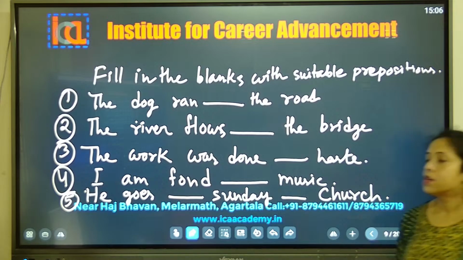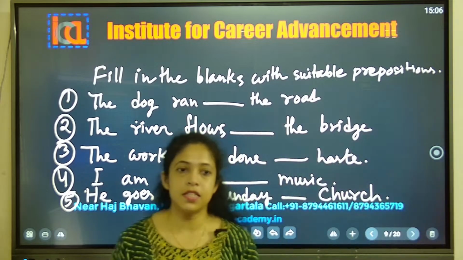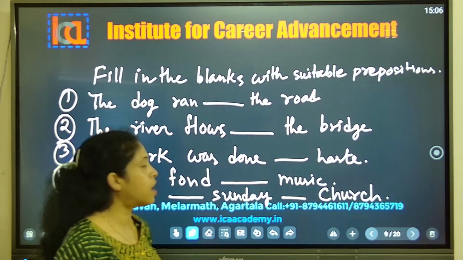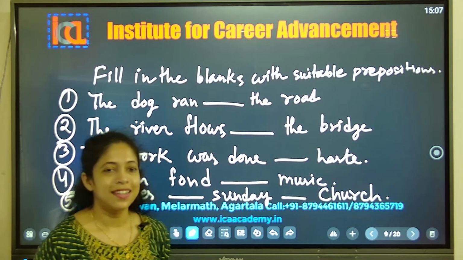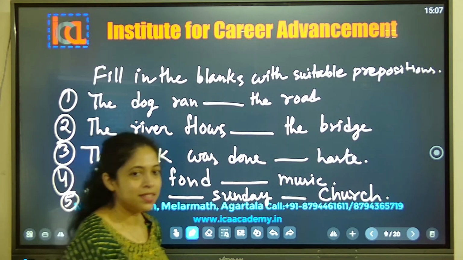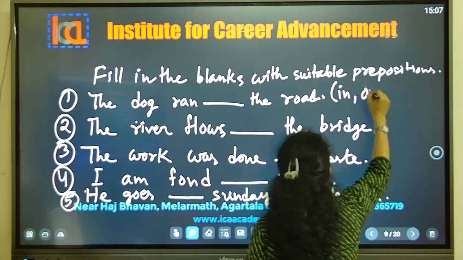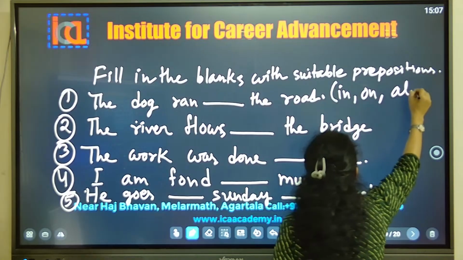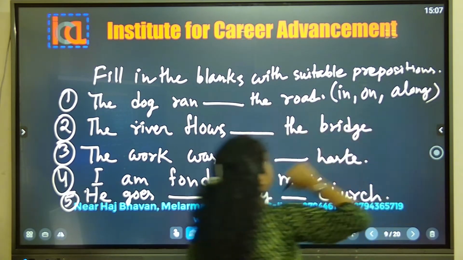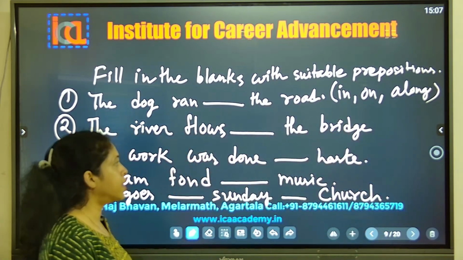Firstly, the first sentence is: the dog ran dash the road. What have you written? Dog in the road. If the options given are in, on, along, we will take the option along.